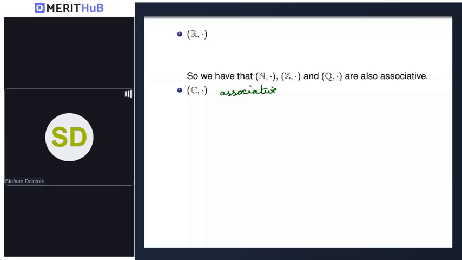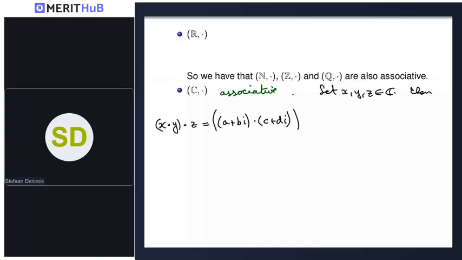But it would be quite a lengthy calculation. So it's something like this. Let x, y, z be complex numbers. Then, if I make it a little shorter, what is (x times y) times z? (a plus bi) times (c plus di) times (e plus fi). And then if you have enough patience, you work this all out. And similarly for x times (y times z).